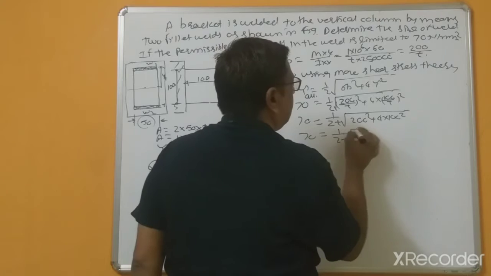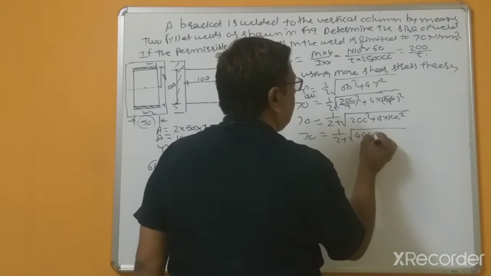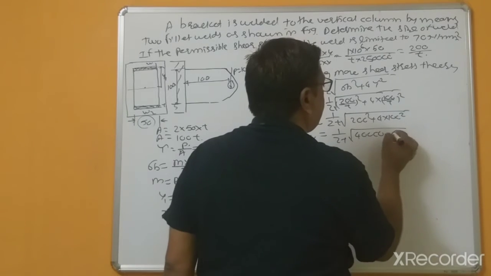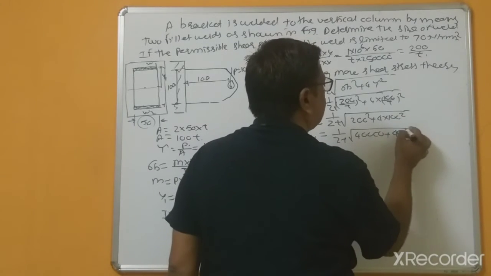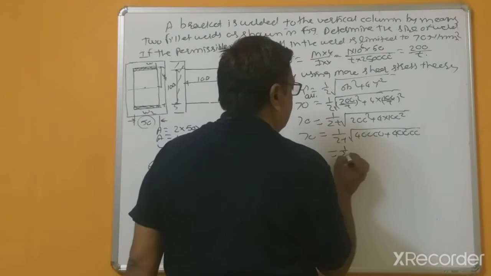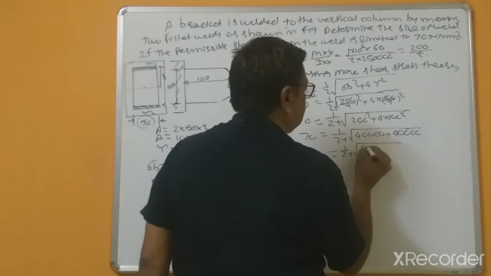This is 2t. This is 40,000 plus 10,000, again 40,000, that's why this is 80,000.